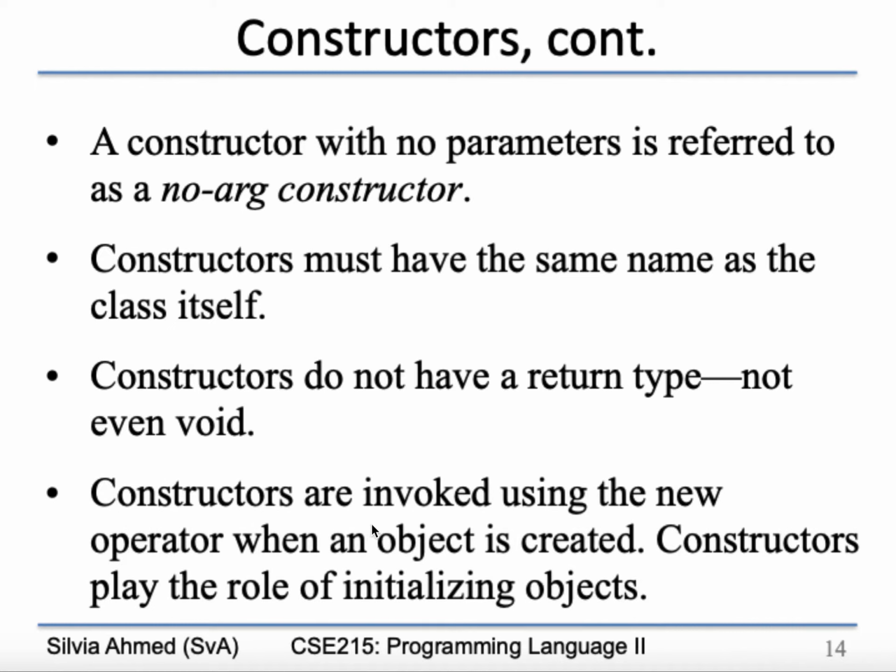Then constructors are invoked using the new operator. We have seen the new keyword; now we see that the new keyword is used to call the constructor. When we have this new keyword, it creates a new object, and this object creation is also known as instantiation. So constructors play the role of initializing the objects as well.